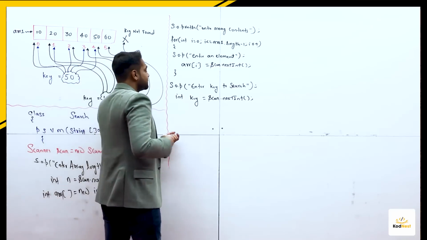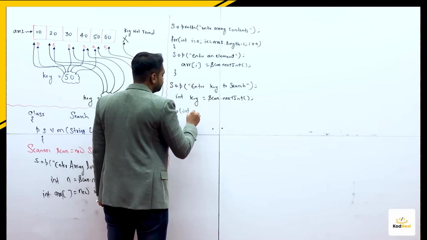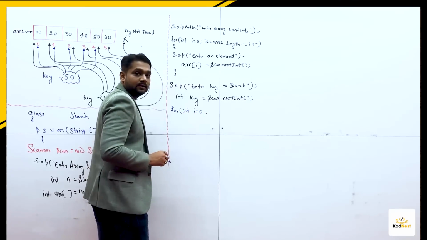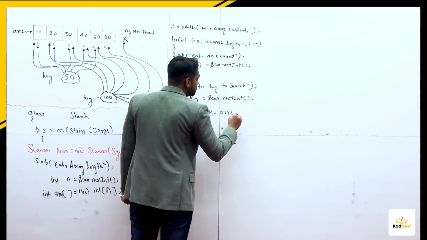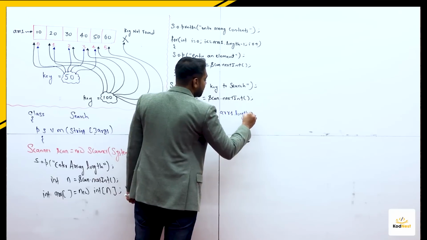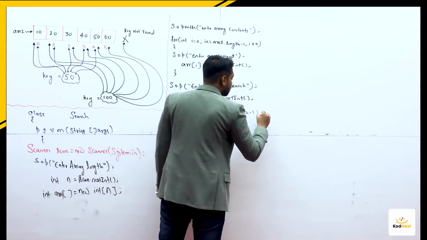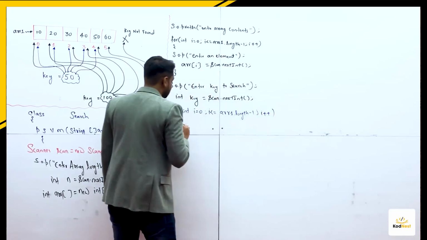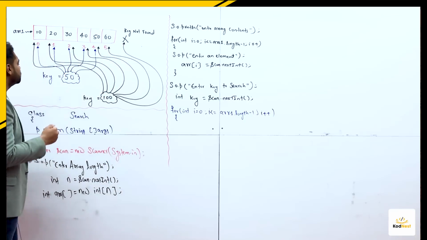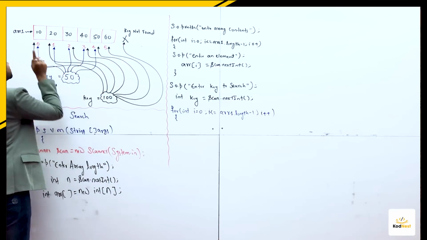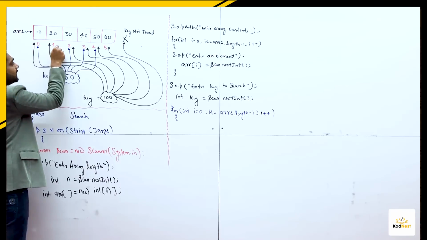Same thing I will tell here. Start searching from 0th index. Go until i is less than or equal to the array's length minus 1. Every time go ahead. What are you doing every time? Very simple. You checked whether the key is matching with arr of 0 or not. It was not matching, so you went ahead.